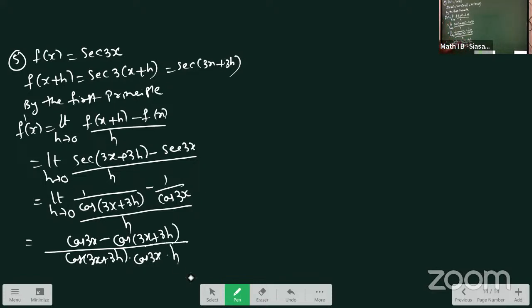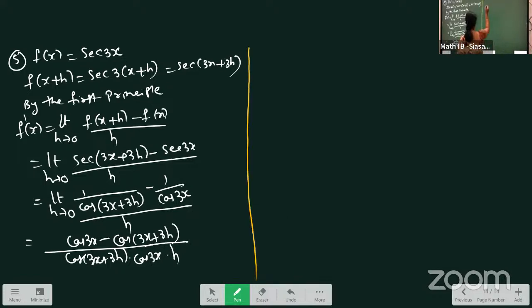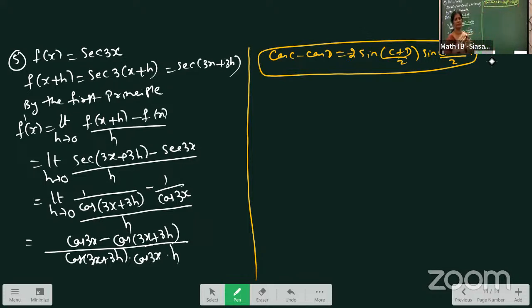Now apply the formula cos C minus cos D. The cos C minus cos D formula is minus 2 sin C plus D by 2 into sin C minus D by 2.